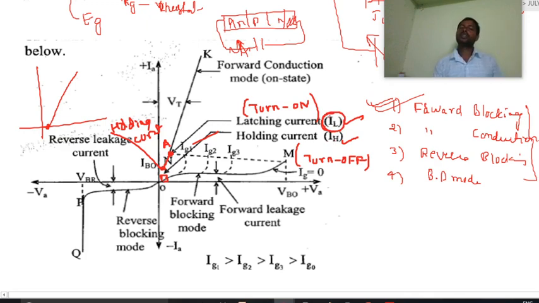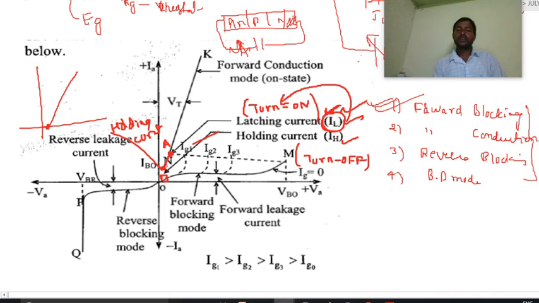If the current flowing in the SCR is more than the latching current, then the SCR is always in on position. Such a current is nothing but the latching current. It is related with the turn on process of SCR.